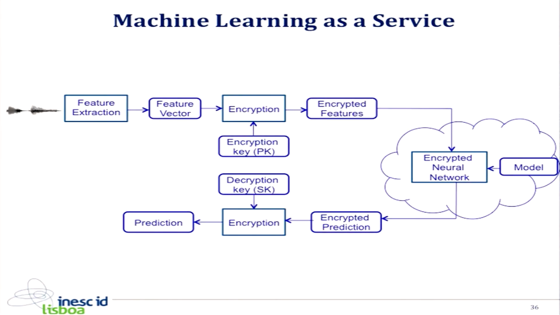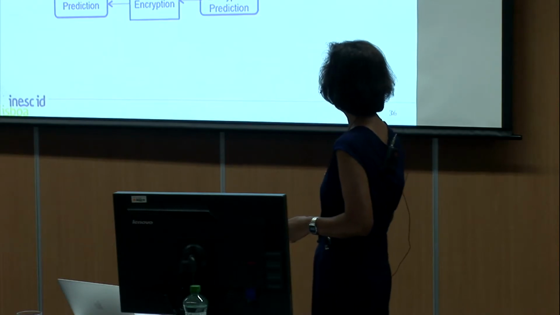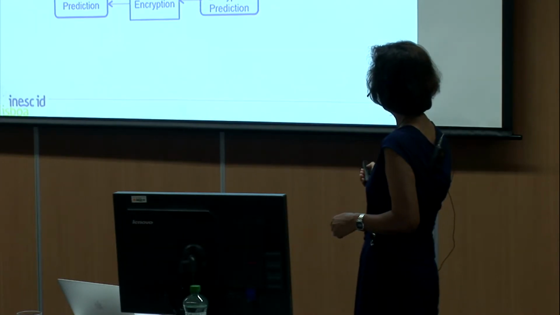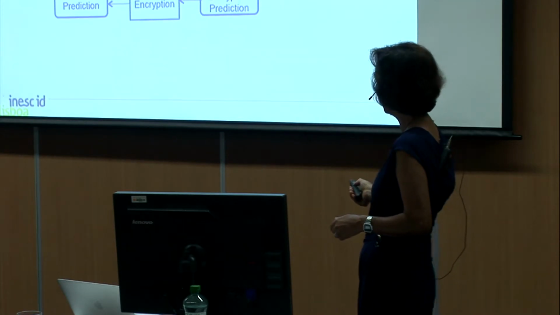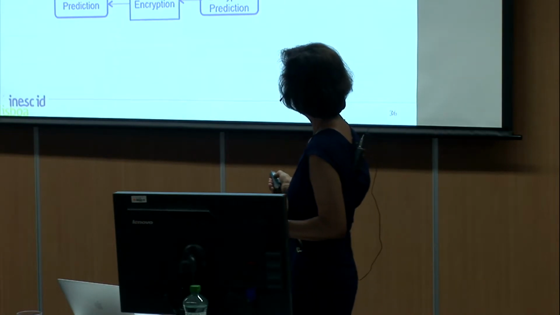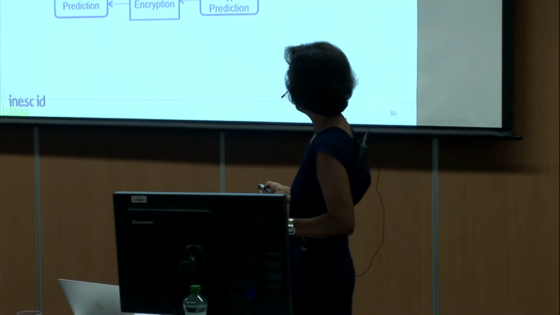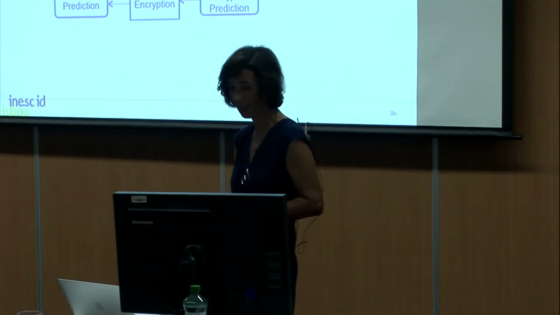So the client is supposed to extract features, something that I'll talk about later. Then the feature vector is encrypted using a set of keys that the client has, the public key in this case. The encrypted features are sent to the cloud. Then there is this encrypted neural network that provides an encrypted prediction. And the encrypted prediction is decrypted, and the only one that has access to it is the client. So this is our setup.